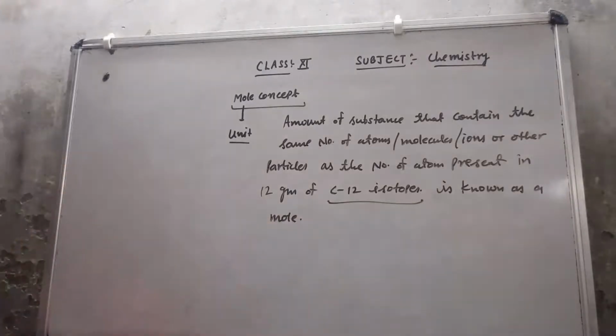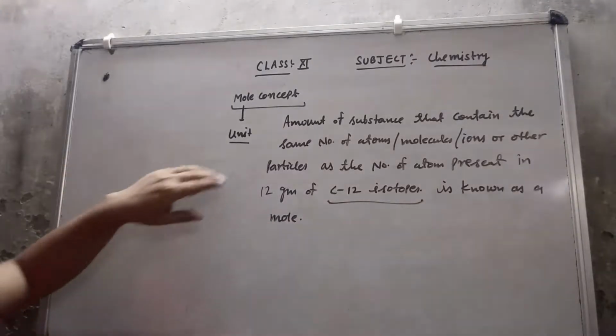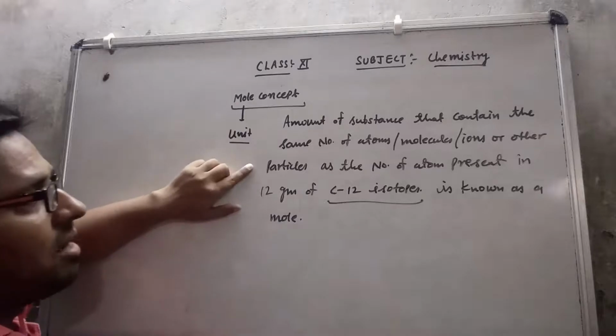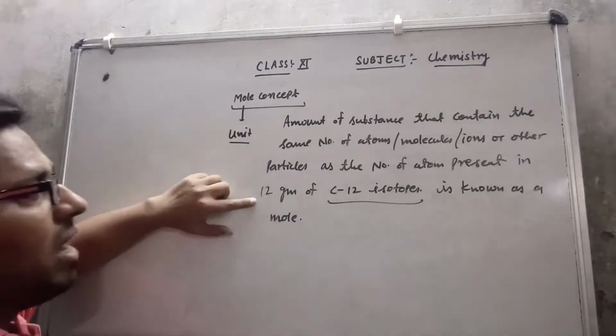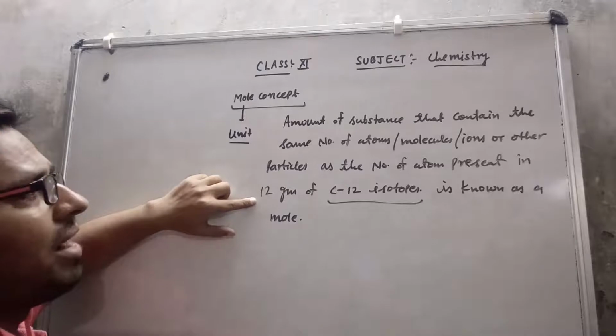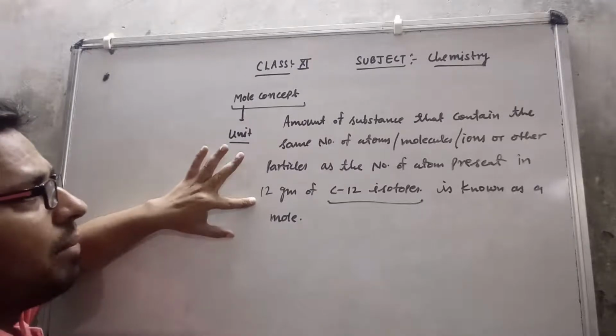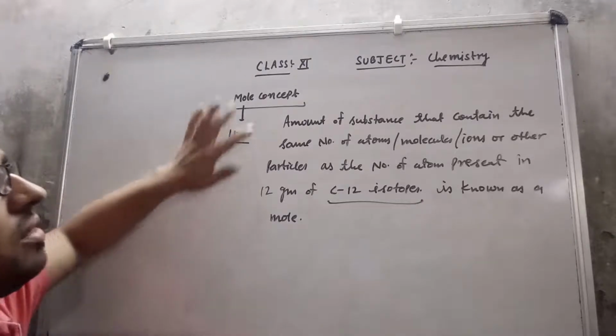That means, whatever number of particles are present in 12 gram of carbon 12 isotope, that amount of substance is called a mole.